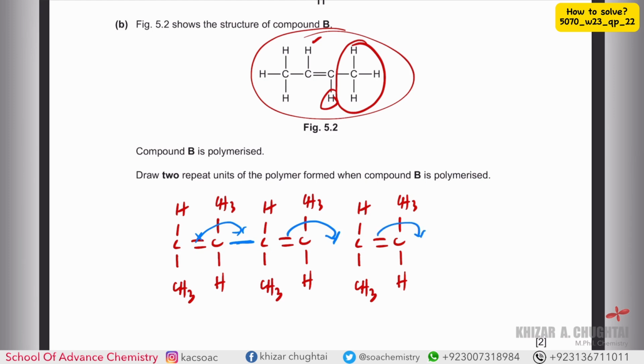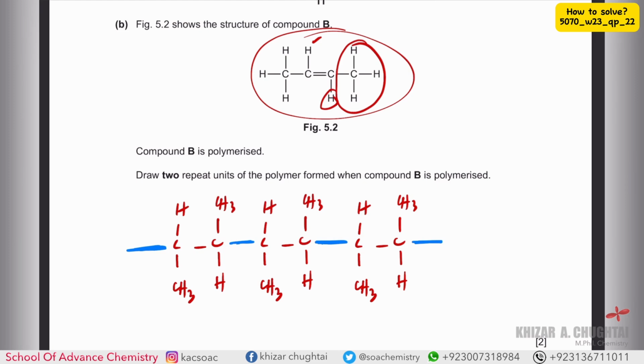So here will be a new bond, here will be a new bond, and here too there will be a new bond. Now I'm going to eliminate the old double bonds and arrows as well. So this is the three repeating unit structure.